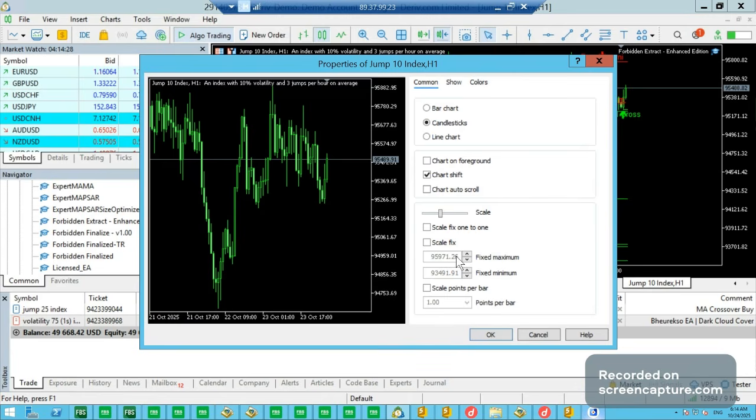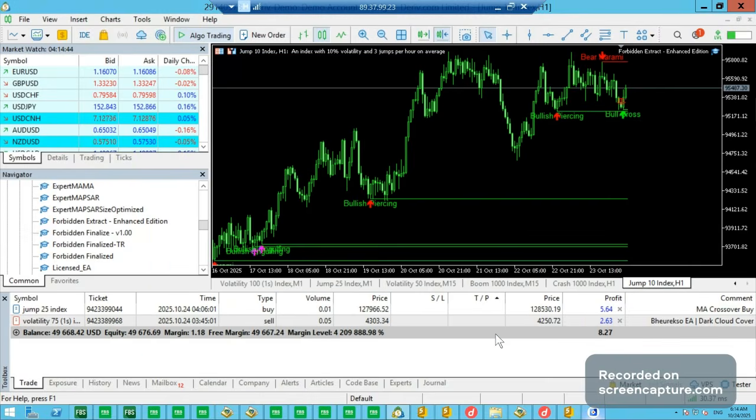So what I usually do here is to round the figure up. This one is 93, I will approximate it to 94. This one is 95, I will approximate it to 96. That is 94,000 and 96,000. That is what I'm going to set here.